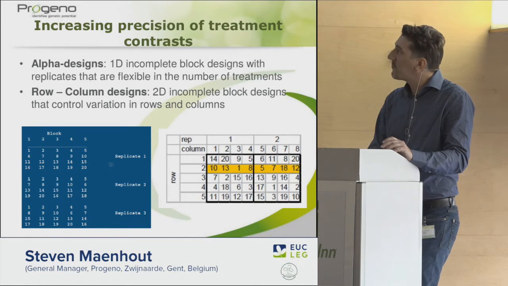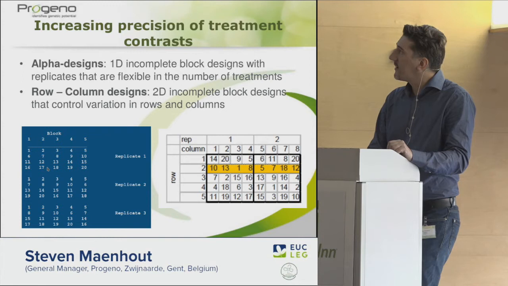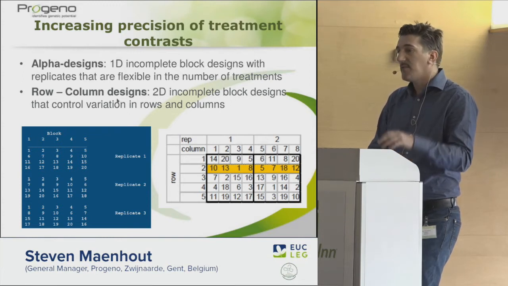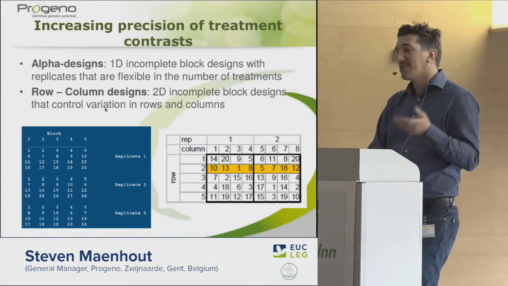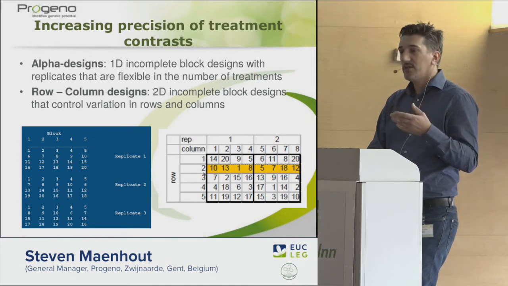So it's an improved version of this alpha design, and it's known as row-column designs. Each time you add a little bit more complexity, but it allows you to find spatial variation in either row or column direction.